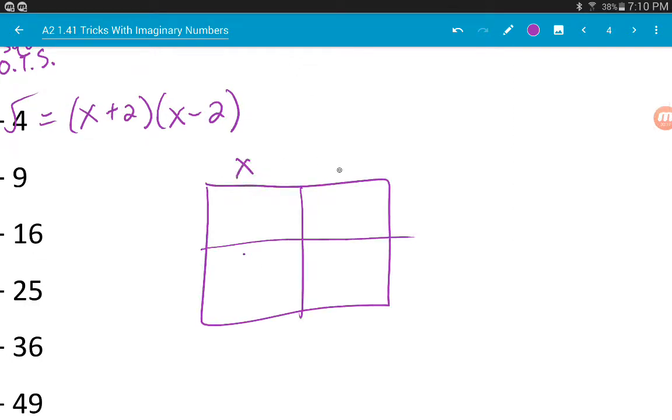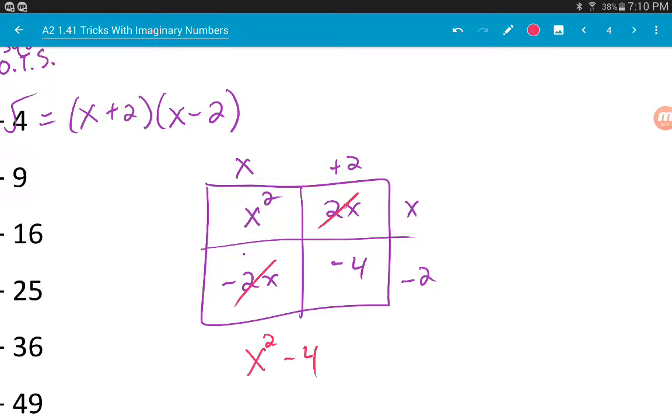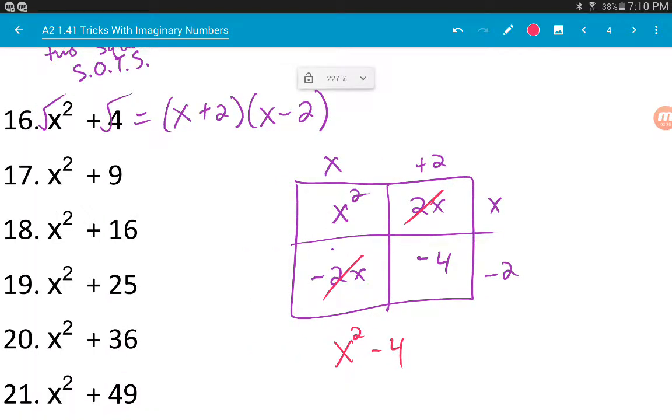If I do the box method, and I'll do it quick because you've seen these tons of times: negative 4, 2x, negative 2x, and x squared. You would see that these diagonals cancel out, and I get x squared minus 4. Dang, that didn't really work. I wanted plus 4.